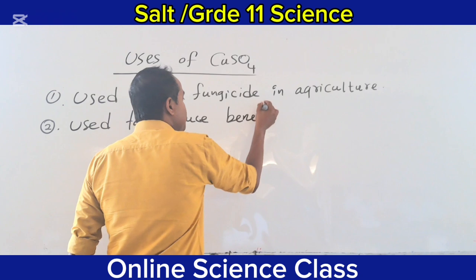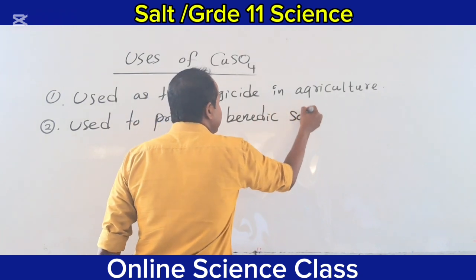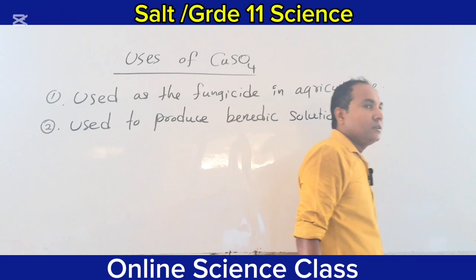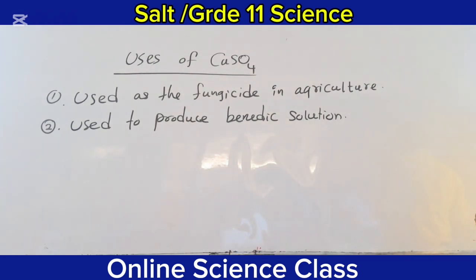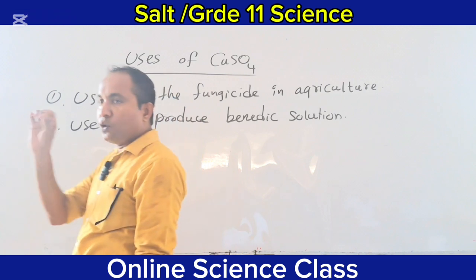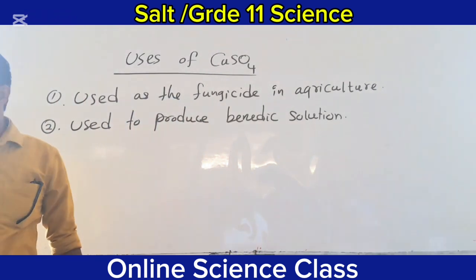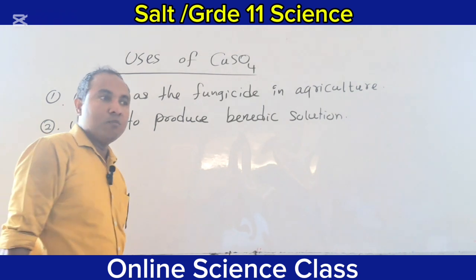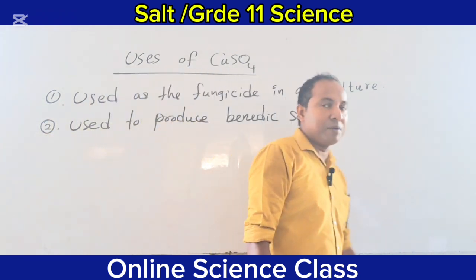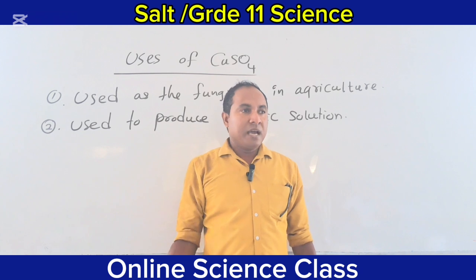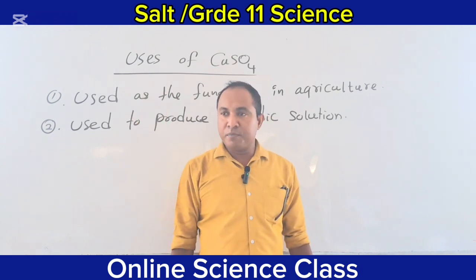Remember Benedict solution? What is Benedict solution used for? It is used to identify monosaccharides. Remember the test? We take the glucose solution and add an equal volume of Benedict solution.